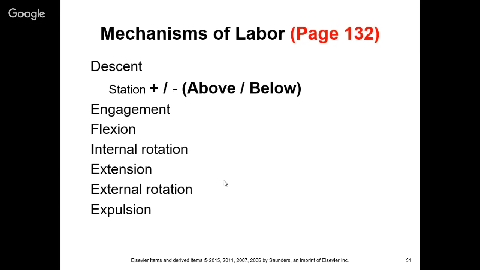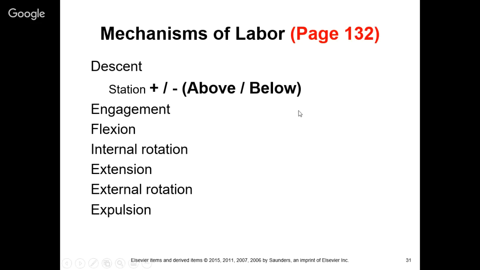Plus or minus station, if they're 2 above 0, they'll be 2 minus, and if they're 2 below 0, they'll be 2 plus. I'm sorry, I got that backwards. If they're below the 0 line, they'll be 2 plus.